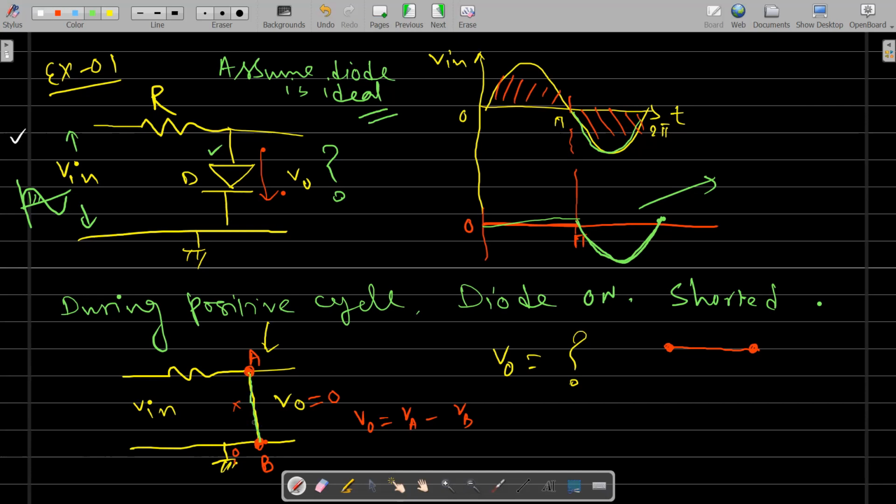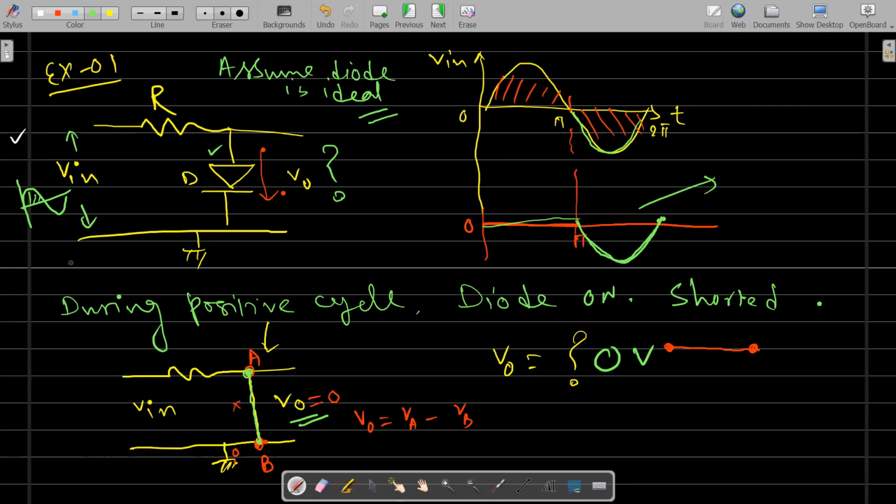See here, the diode is shorted. If the terminals A and B are shorted, the output will be 0. So V0 equals 0 in this case.